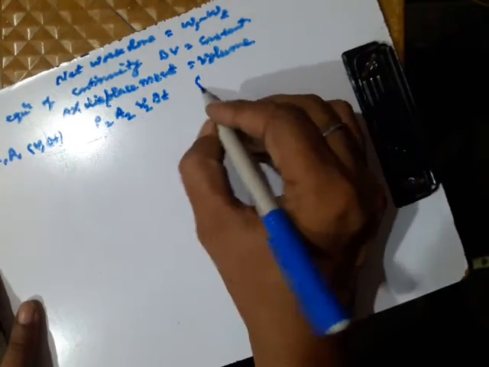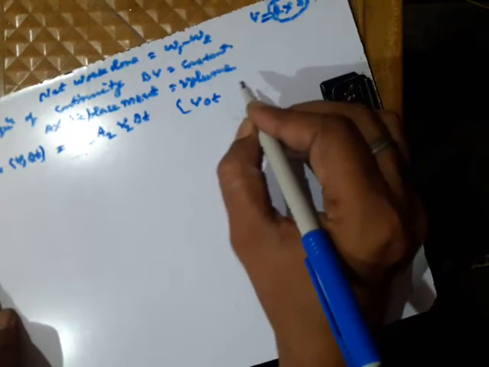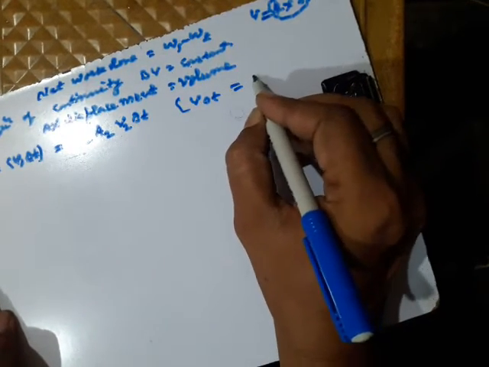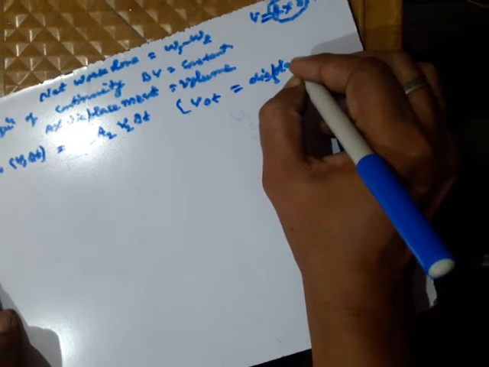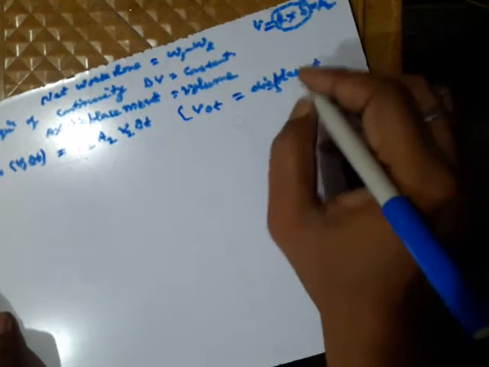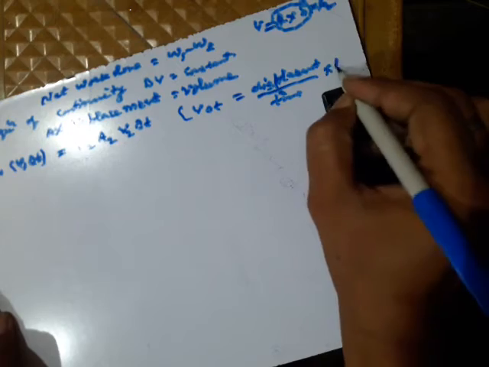Now try to understand: v delta t is displacement by time multiplied by time.